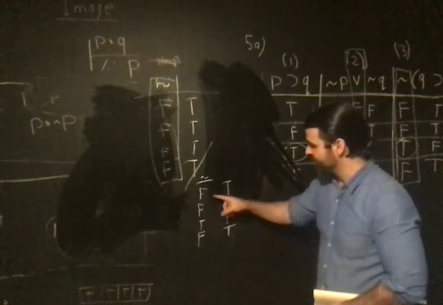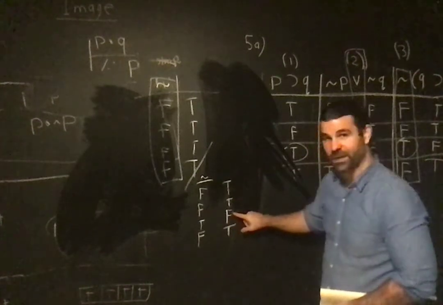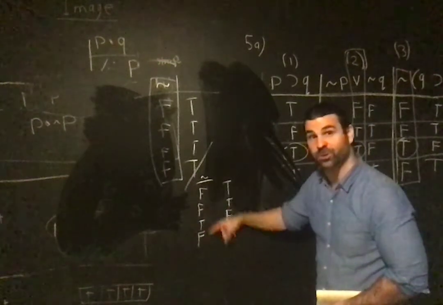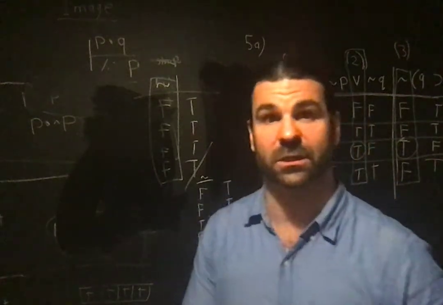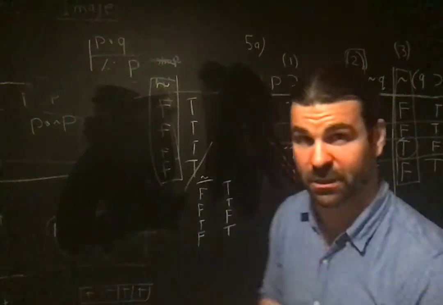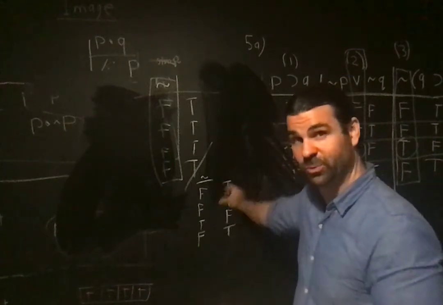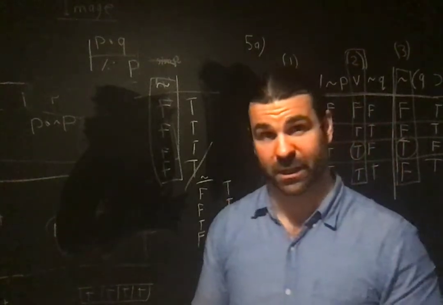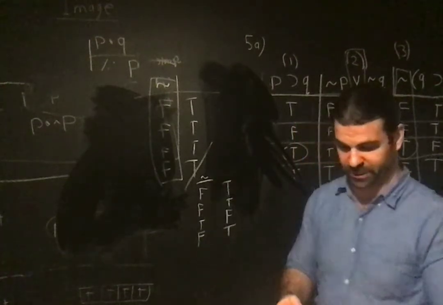The negation of that, whatever T's you have are going to go to F's, whatever F's you have are going to go to T's, so you're also going to have T's and F's, so it's another contingency. The negation of a contingency is a contingency. You arrive at the answer just by busting out the truth table definition, the image that goes with the concept, and figuring out, in this case, what the negation will be.